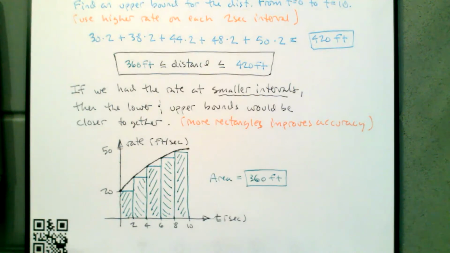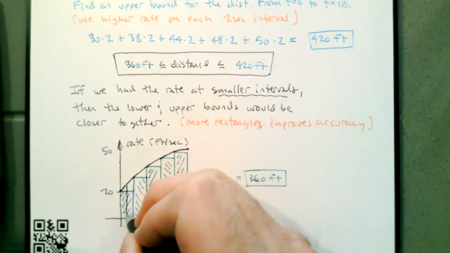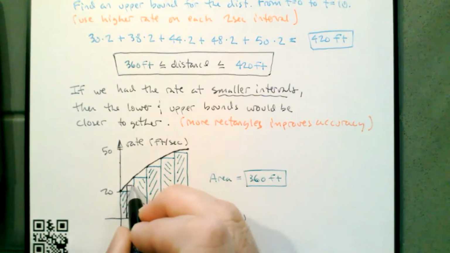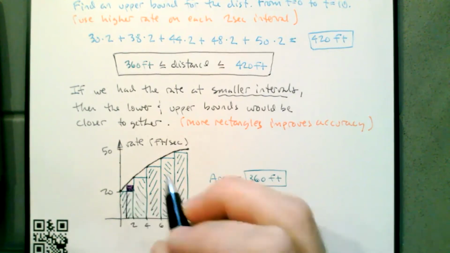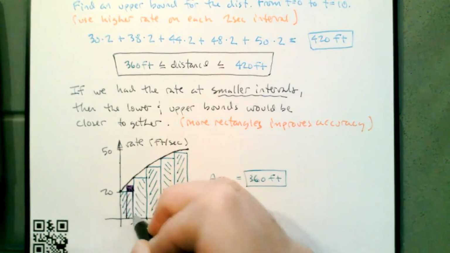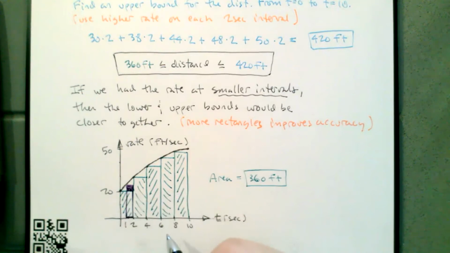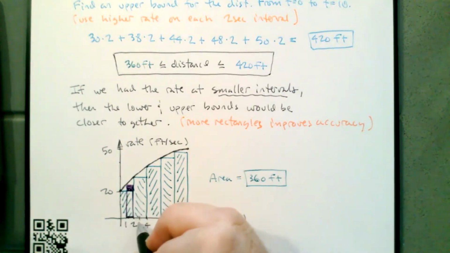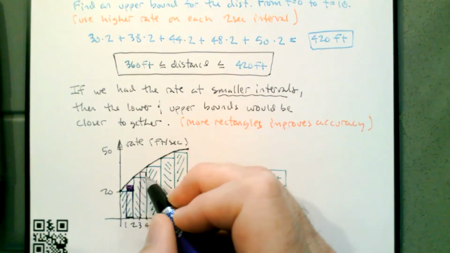But if I have data more often, say at 1 second, then even underestimating, I'm going to grab chunks of area that we weren't measuring before. If we had data at 1, we could get rid of some of this missing area. If we had data at 3, the same thing. We would get more of this missing area.